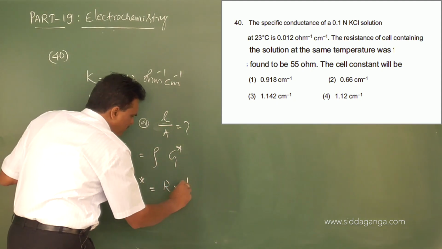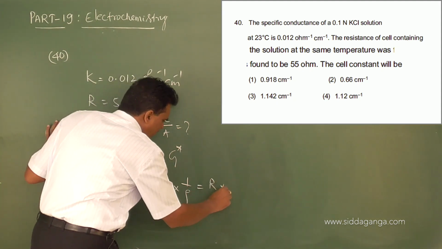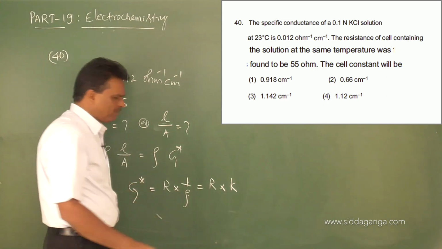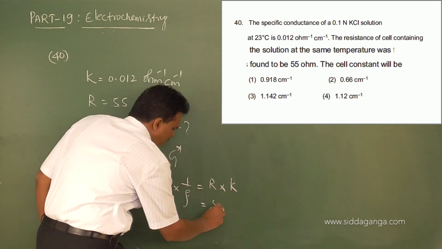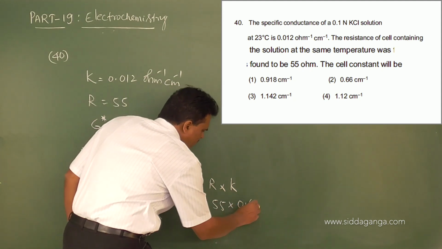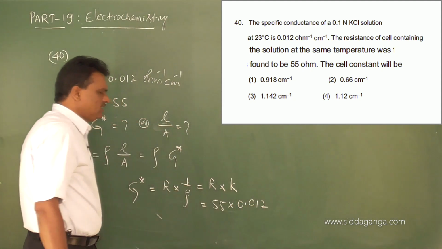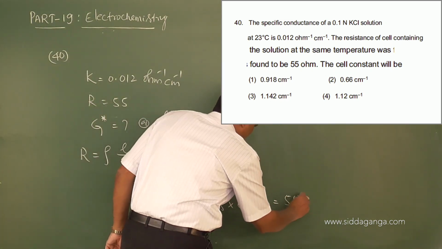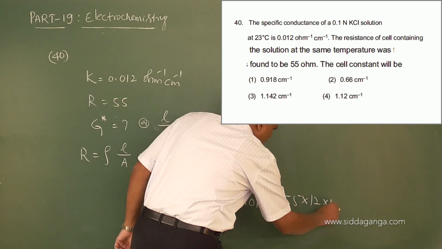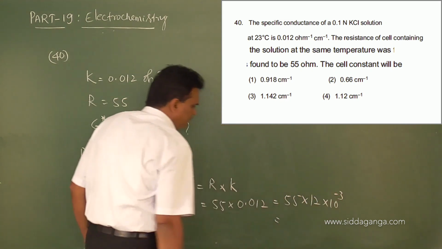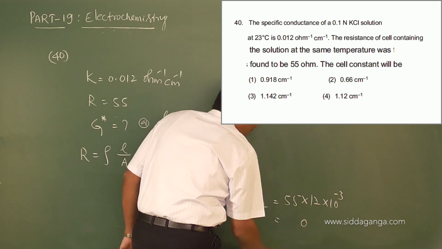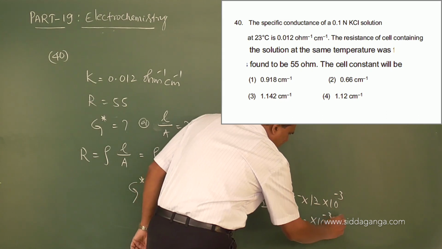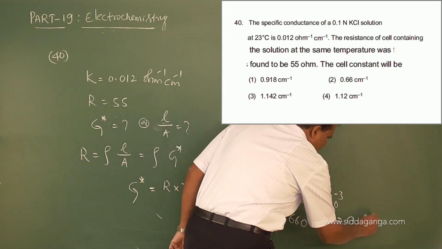R into 1 by rho, where the reciprocal of resistivity is equal to conductivity. This is equal to 55 into 0.012, which is 55 into 12 into 10 to the power of minus 3. 12 fives are 60, so 66 into 10 to the power of minus 3, which is 0.66.